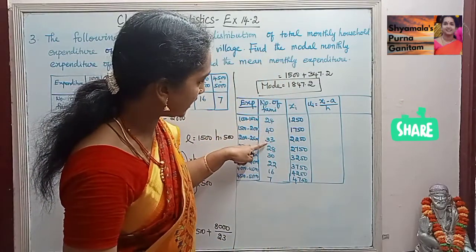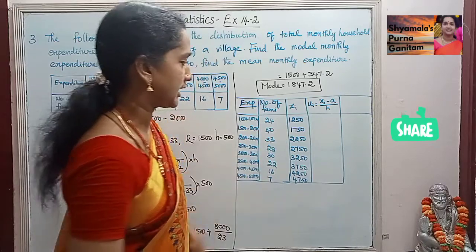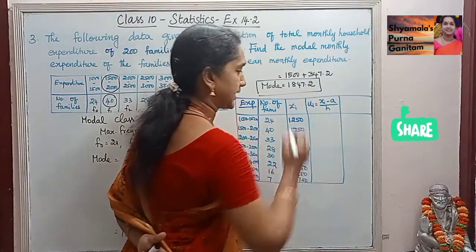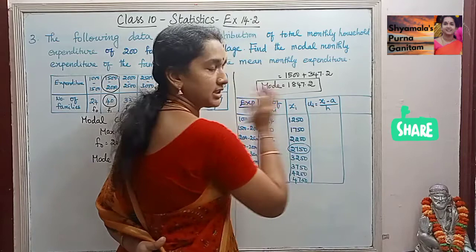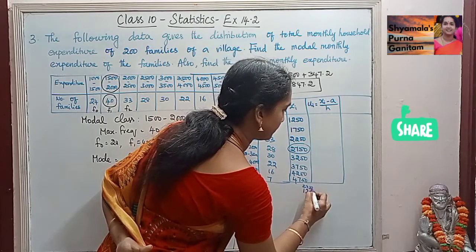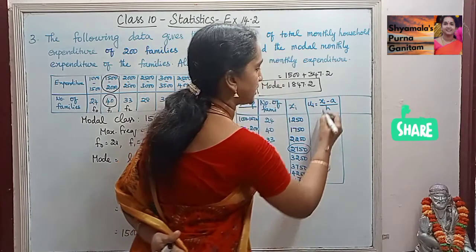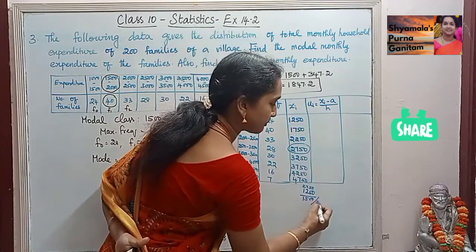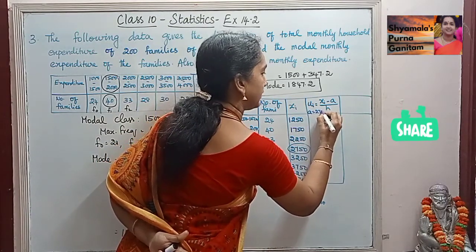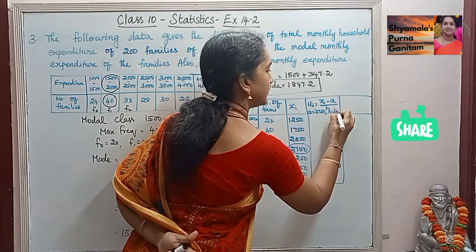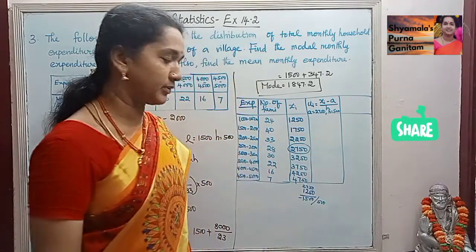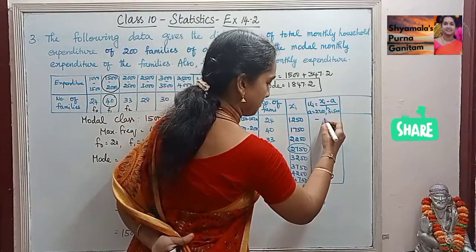Here we have 8 distributions, so we will take 2750 as a, and h is 500. So xi minus a divided by h: the first one is 1250 minus 2750, which gives minus 1500. Minus 1500 divided by 500 is minus 3.